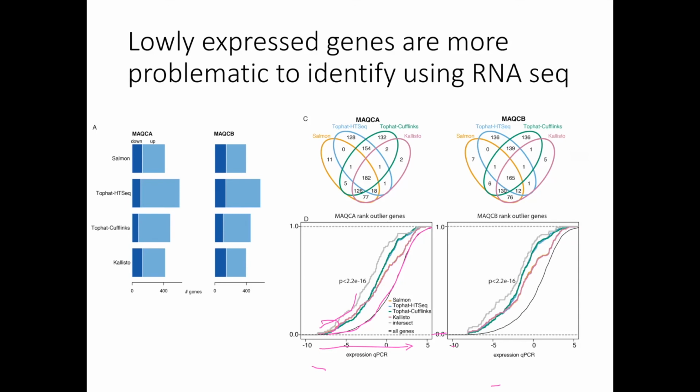And the way I interpret this is that the 182, or the ones that are in the bottom, are there because there's a difference between qPCR and extracting reads from the sequencing machine. And the ones on the top, like 128 and 132, those are because of the different methods for mapping and extracting counts. So some difference between qPCR and RNA-seq is because it's two different methods for extracting.